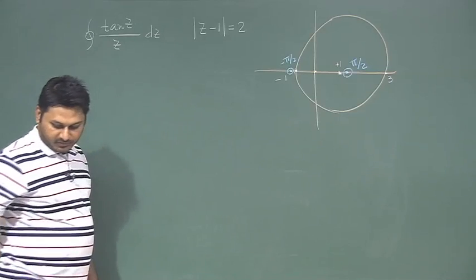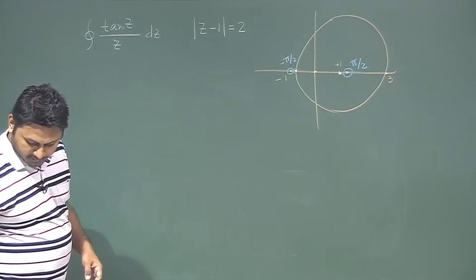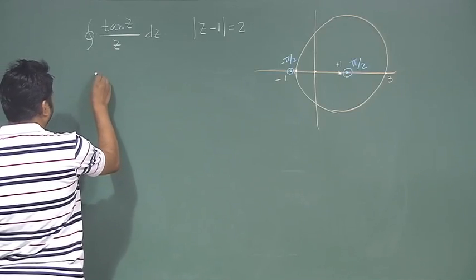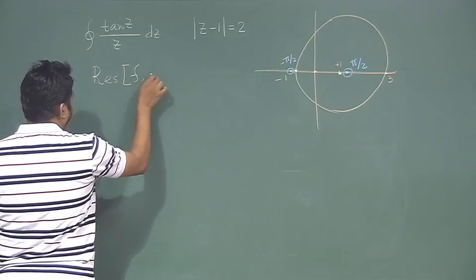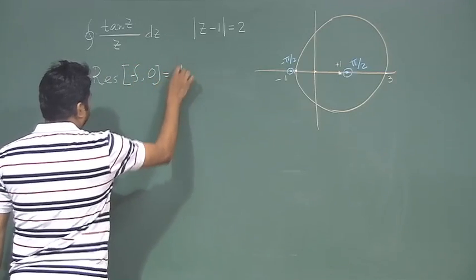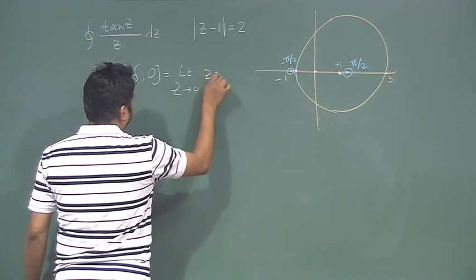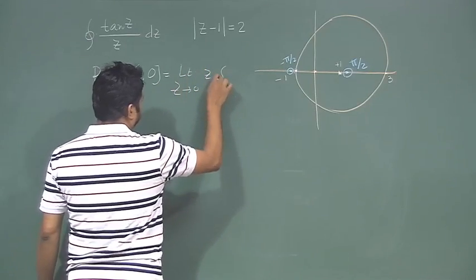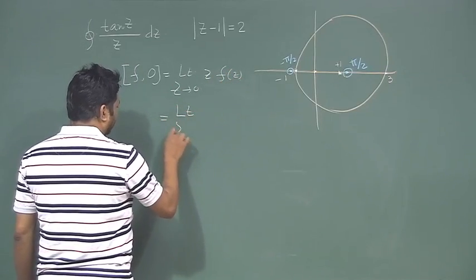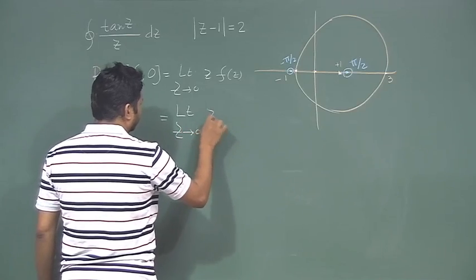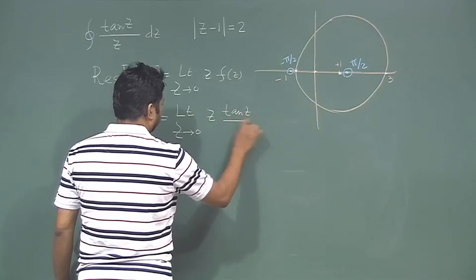So let us first calculate the residue at z equal to 0. What residue will we have? The residue of this function at the 0 point is the limit as z tends to 0 of z multiplied by the function, which is the limit as z tends to 0 of z multiplied by tan z divided by z.